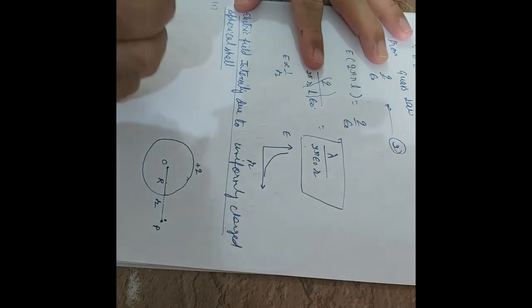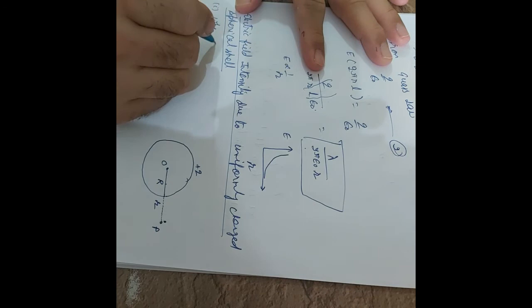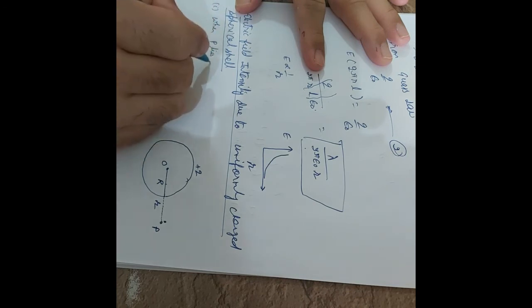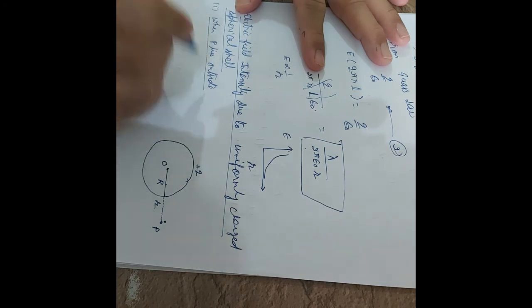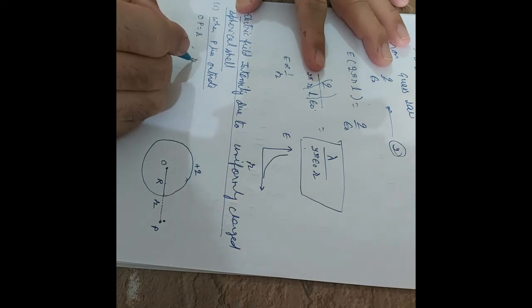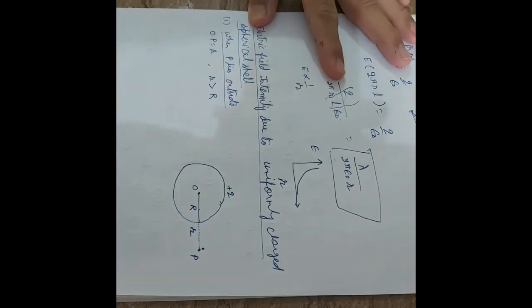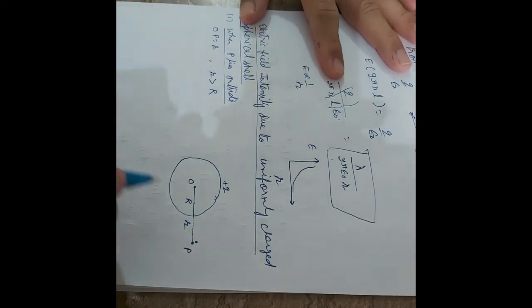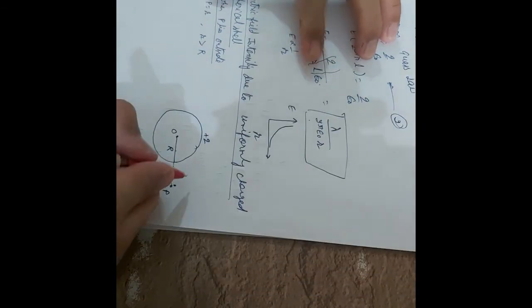First point is, when P lies outside. What does it mean? It means OP, which equals small r, is greater than the radius R of the spherical shell, right? Now what will be the Gaussian surface?